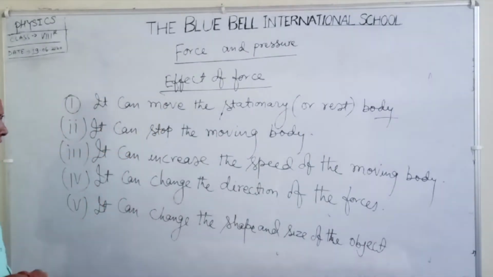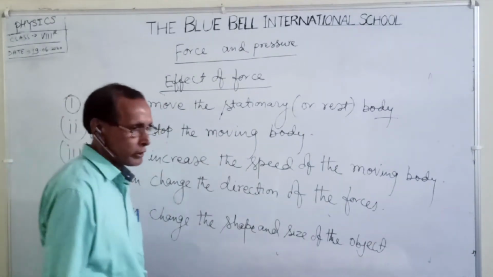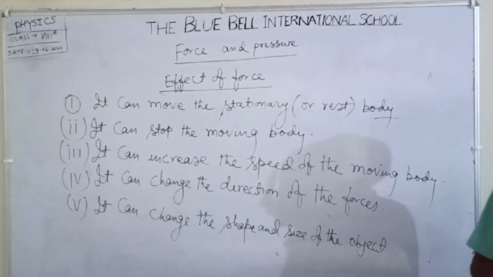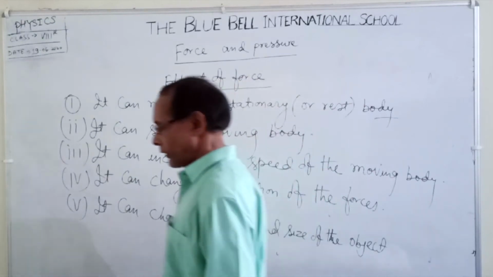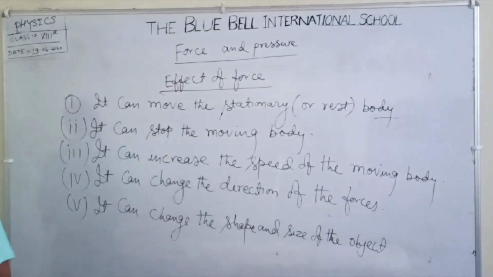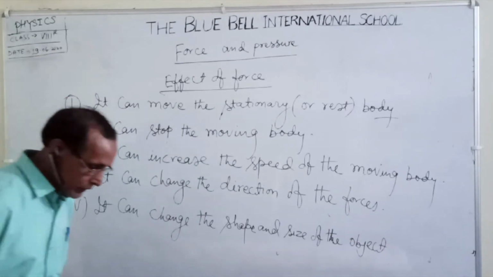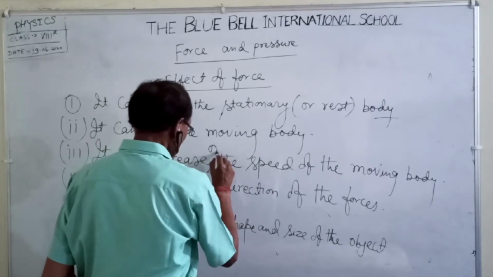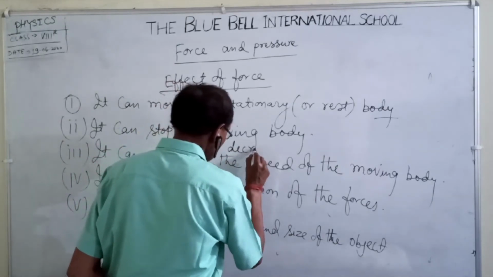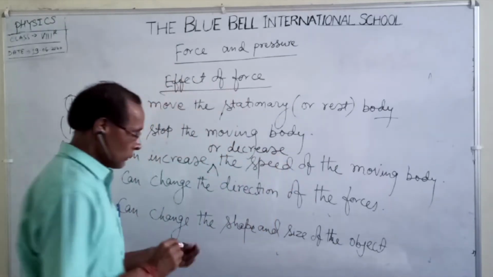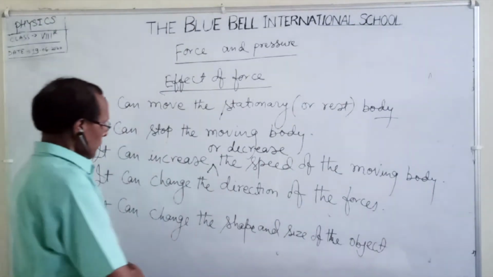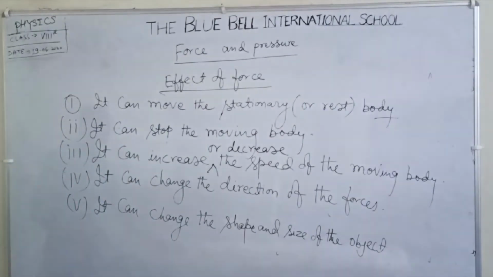Third effect is it can increase the speed of the moving body. Suppose that a bicycle is moving on the road, and if we apply a force from the backward direction, then it will increase the speed of the bicycle.